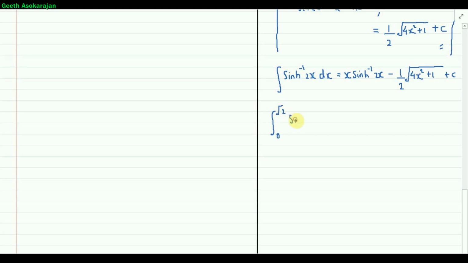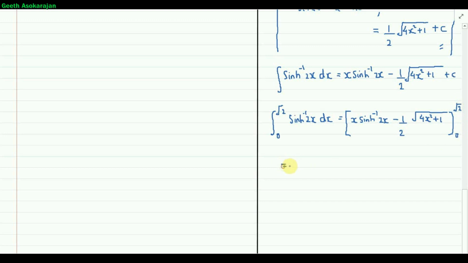And in this case, that means that the answer of the integral in question, so if I replace the limits into the whole answer, so let me copy the x inverse hyperbolic sine 2x minus half, and it's a half root of 4x squared plus 1. And let's put the limits here, so root 2 and 0.